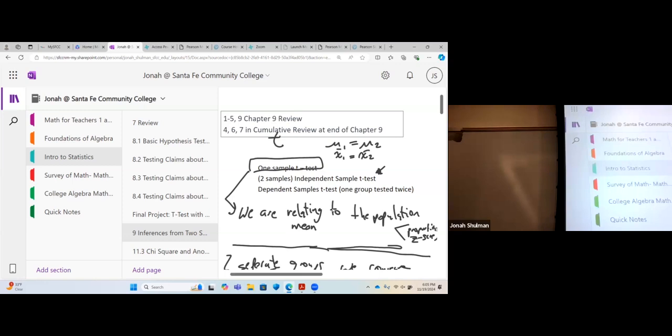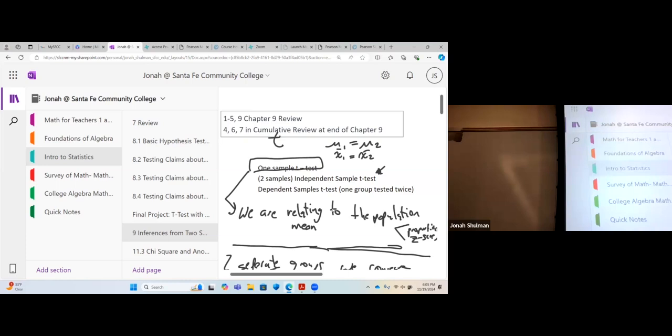Now, the dependent samples. You can think about it as over time, if you want. But basically you have the same people twice. My null hypothesis is that the mean, but it's probably just a sample because we can't get everybody, so the sample mean for the pre-test is equal to the sample mean of the post-test.